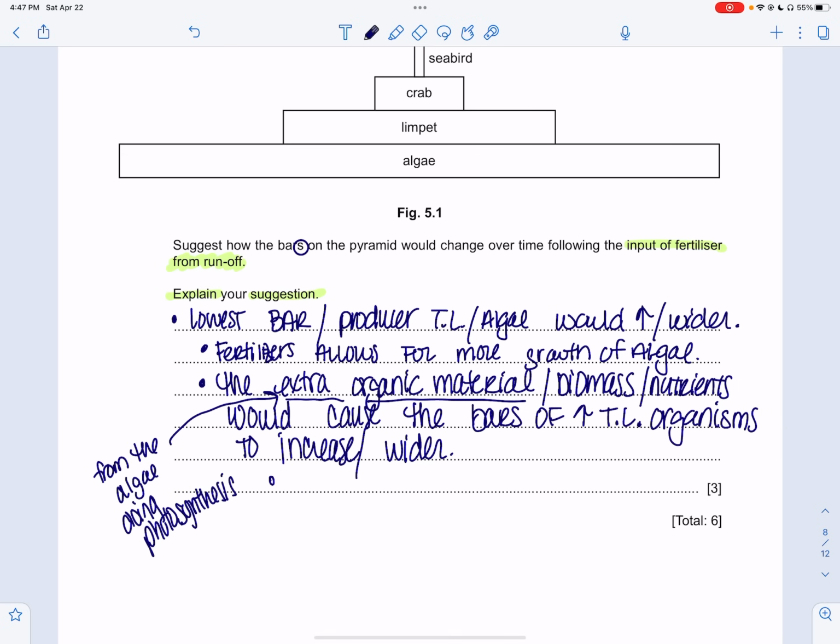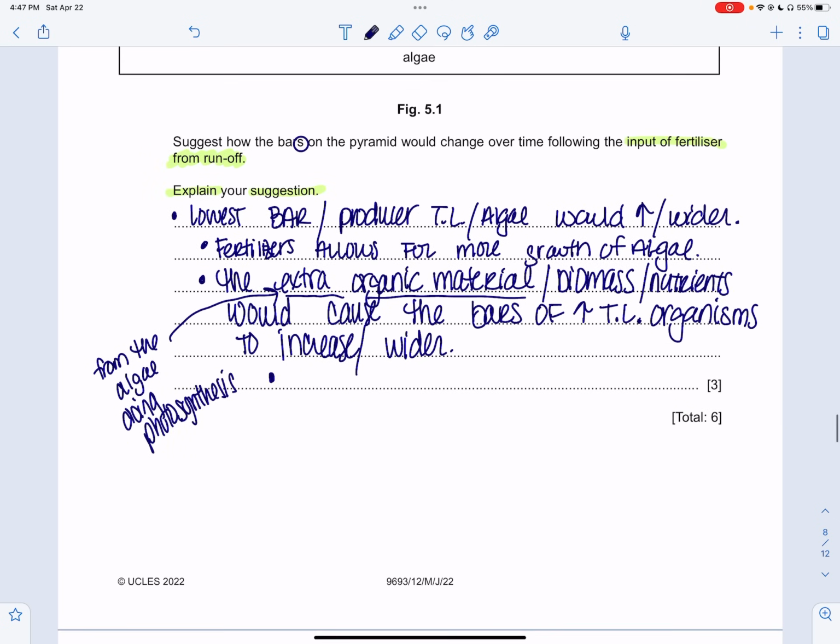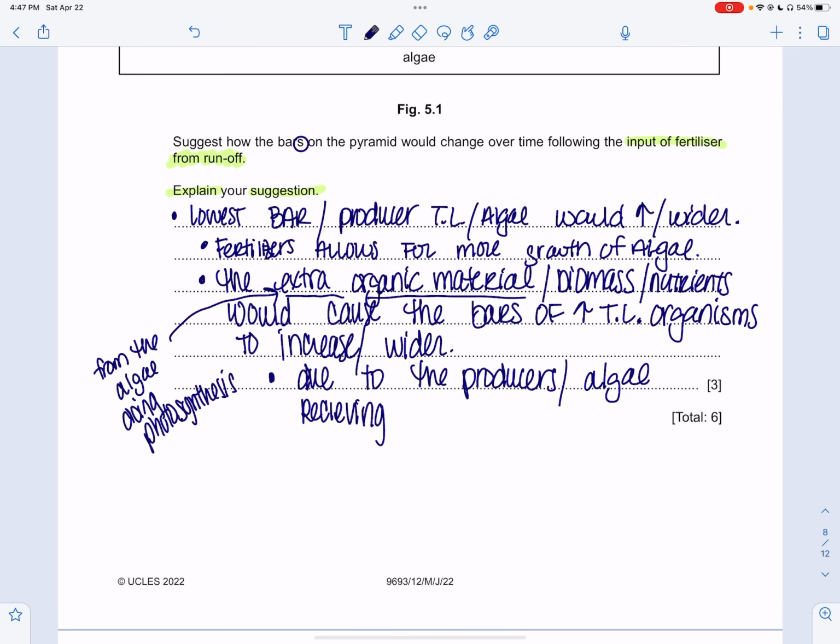Okay, and the last mark on this then: the extra organic material, biomass, nutrients could cause the bars of higher trophic level organisms to increase or get wider. Why would this happen? Due to the producers, the algae, receiving excess nutrients.